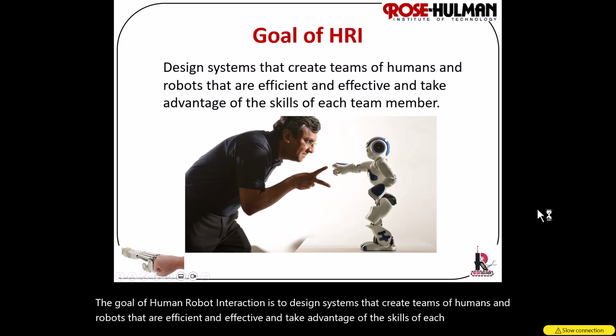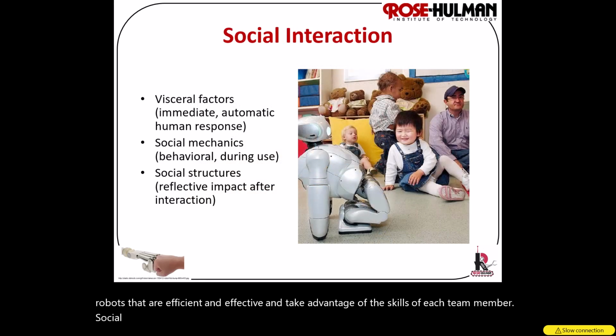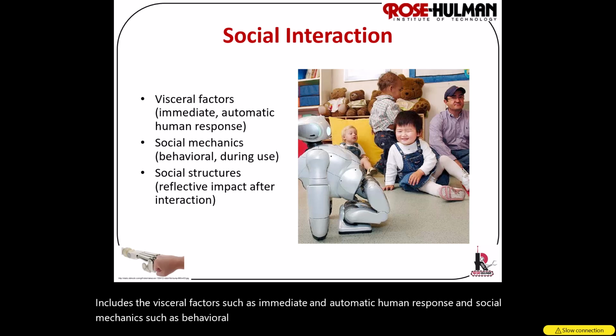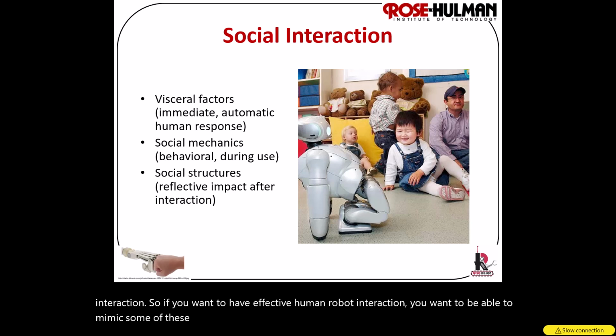Social interaction includes the visceral factors, such as immediate and automatic human response, and social mechanics, such as behavior during use, or social structures, such as reflective impact after interaction. So if you want to have effective human-robot interaction, you want to be able to mimic some of these same qualities for interaction between a human and a robot as you would between two humans.